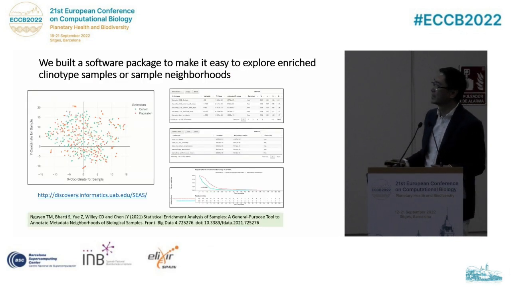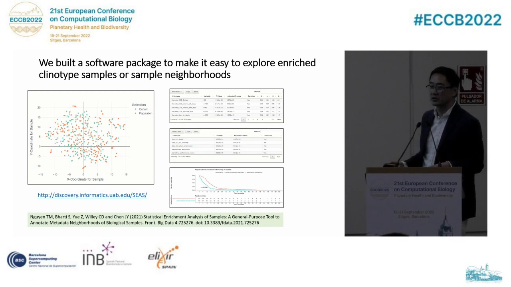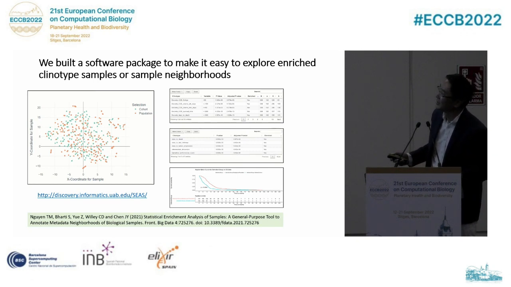When we embed them, we use software that we built called SEAS, Statistical Enrichment Analysis of Samples. What SEAS can do is not only show the embedding, but also allow you to explore all of the available clinical information in a figure, such that you can label, say, this is the cohort, this is the population background.